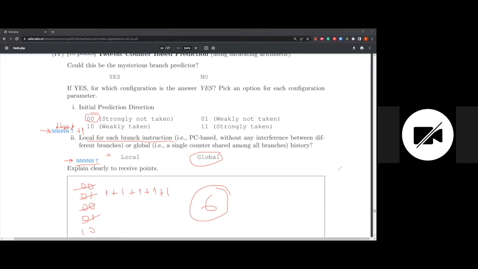So for the options that are marked initially, no matter whether you start at 0, 0 or 1, 0 weakly taken cases, or whether you use a local or global branch predictor, it doesn't matter. For all these, the branch predictor will make exactly 6 mispredictions.